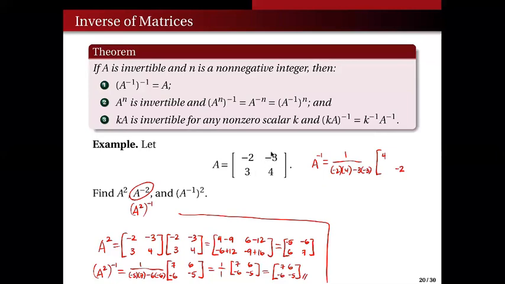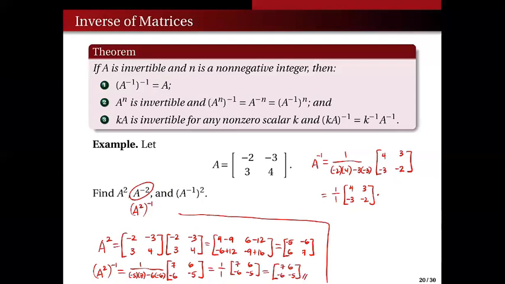Negate, we have negative 3, 3. Negative 2 times 4 is negative 8. 3 times negative 3 is negative 9, and therefore you have a minus here. Since you have a minus here, you'll just have 1 as a denominator. So A inverse is 1 over 1, 4, 3, negative 3, negative 2. So this is your A inverse.